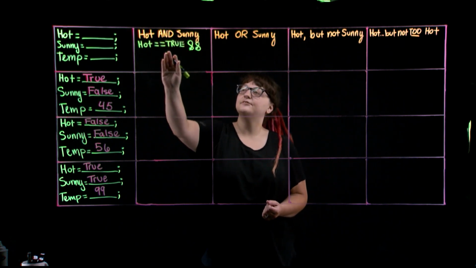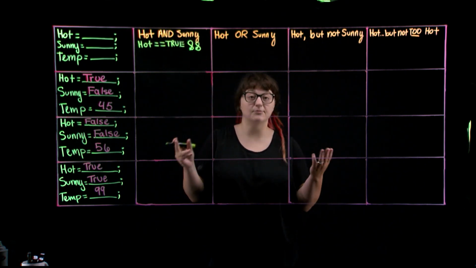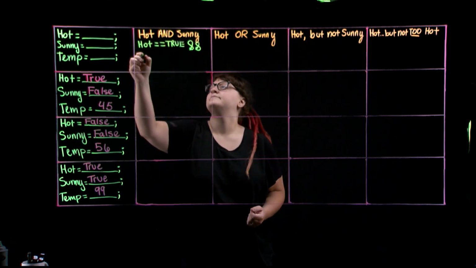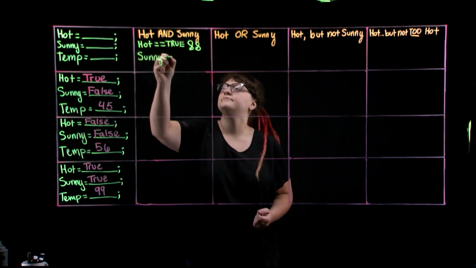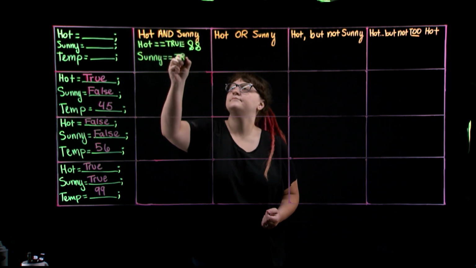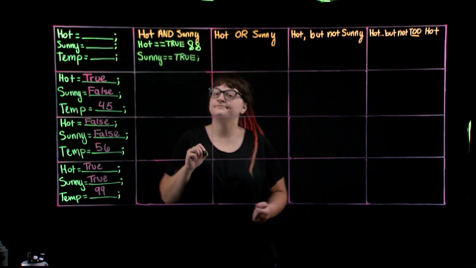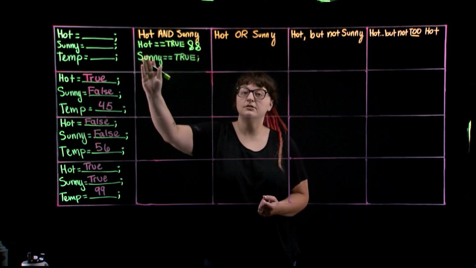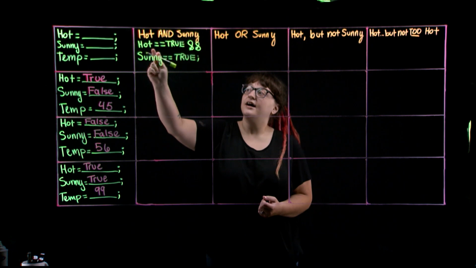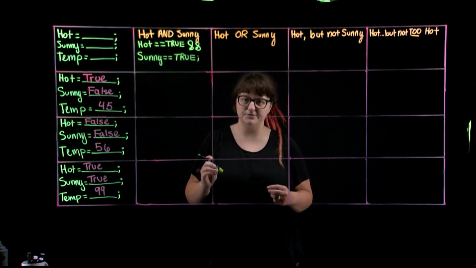So hot equals true, and same thing for sunny, right? Because we want it to be sunny. All right, excellent. So for this statement as a whole to be true, hot has to be true, and sunny also has to be true.